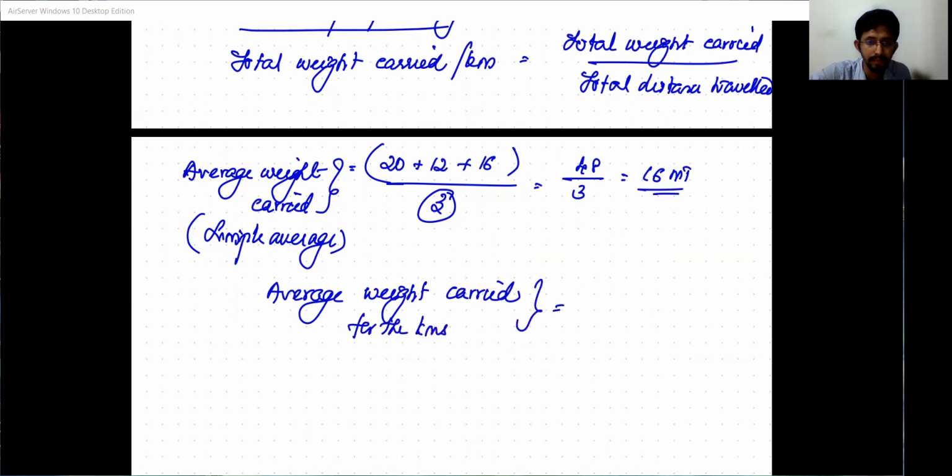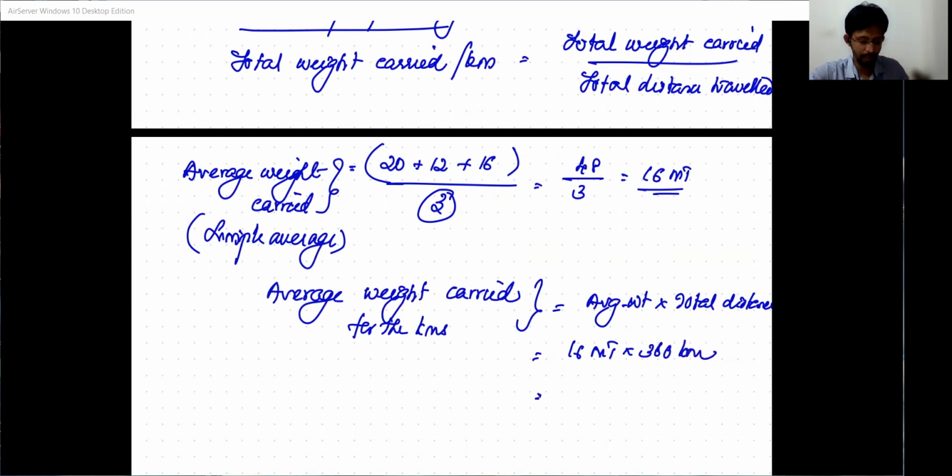You have to take average weight into total distance. So that is equal to 16 metric ton into, what is the total distance? Total distance is 360 kilometer. So 16 into 360, it will be 5760 metric ton kilometer.